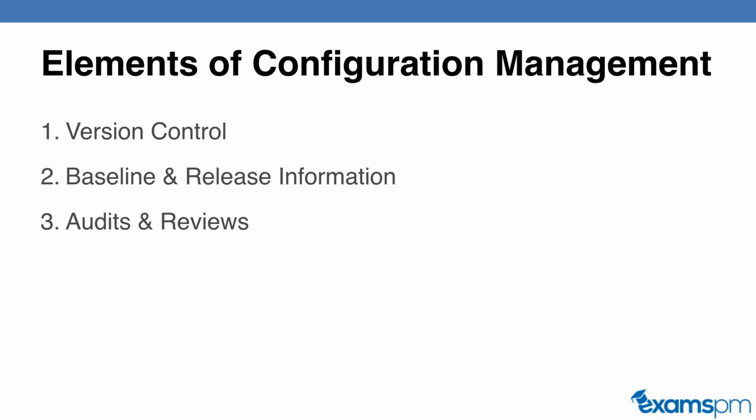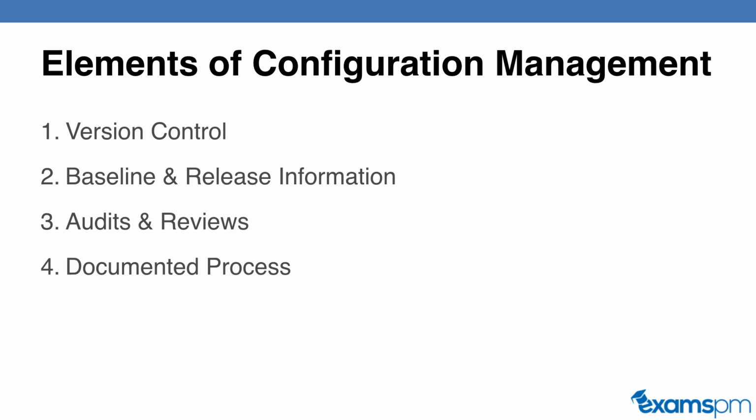You also want audits and reviews in your configuration management plan as well. The audit of a process will allow you to see that everyone on the team has been following the configuration management processes that you have set out, and they have been following the version systems correctly as well. So everyone is tracking the versions correctly and documenting what needs to be documented in regards to configuration management.